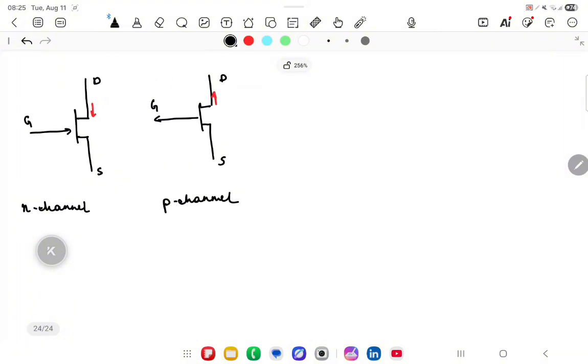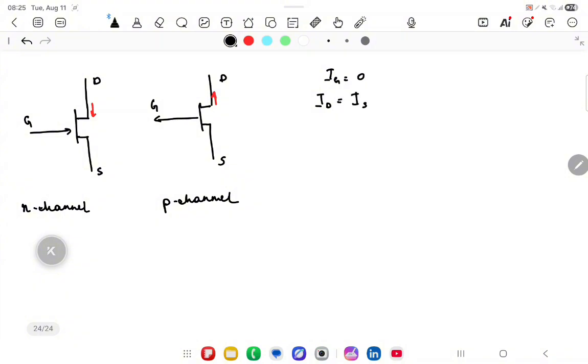As you can see, the current direction is different, but the remaining things are almost the same. So current direction is just a sign convention, okay? There's not much of a drastic difference. So we usually approximate IG equal to 0, and thus ID will be equal to IS.